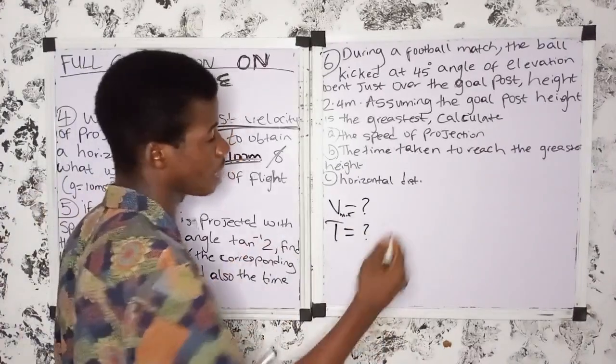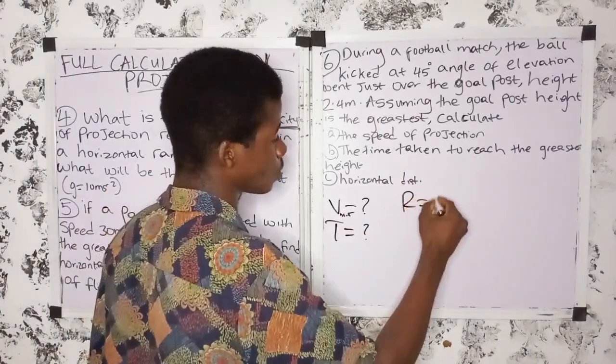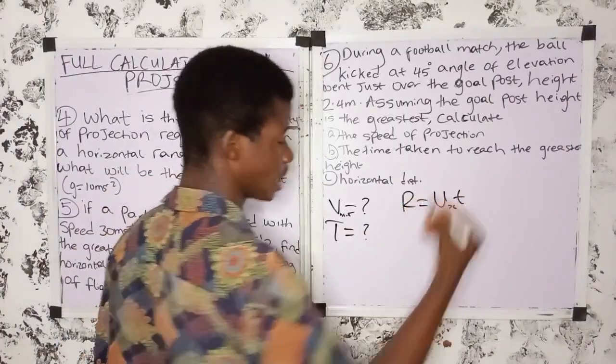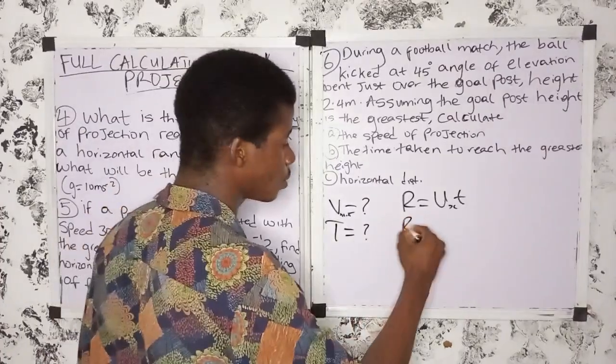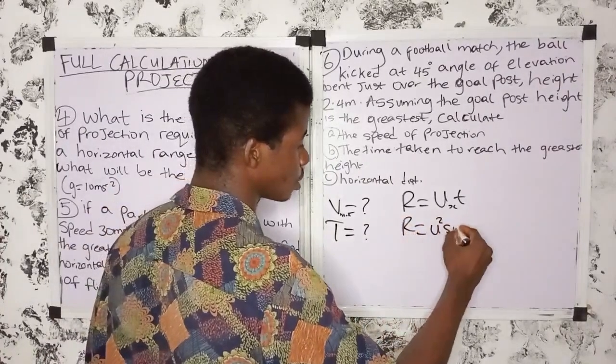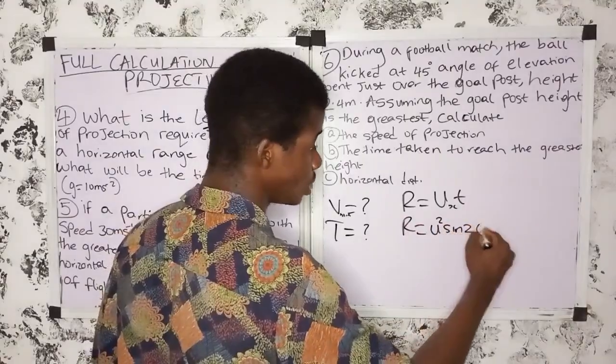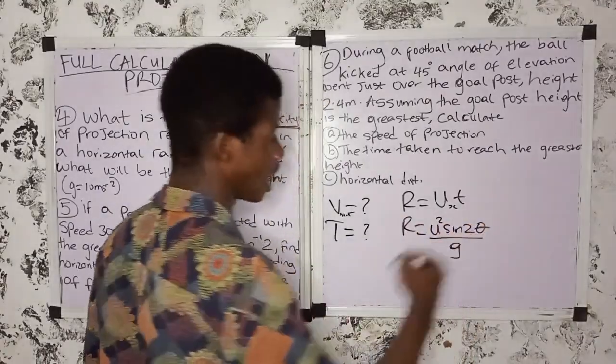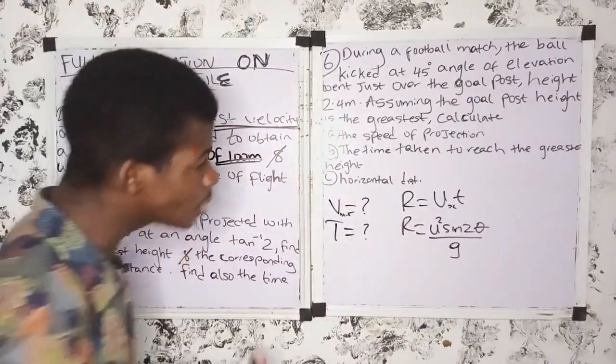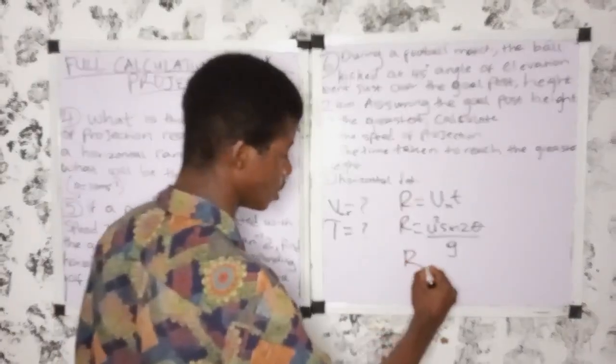One of them is r equals u(x) times time. Another one, r equals u squared sine 2 theta over g, right?